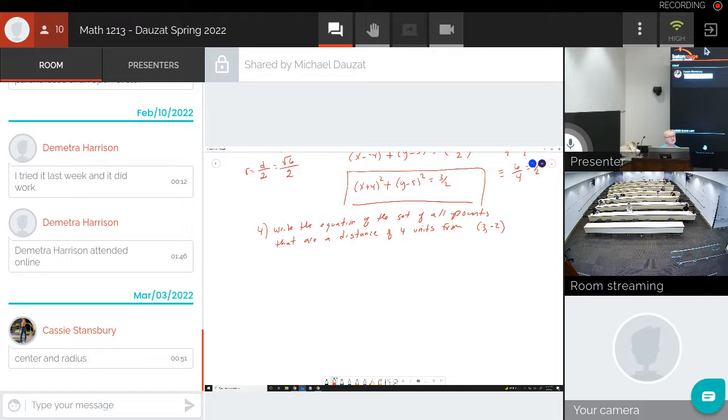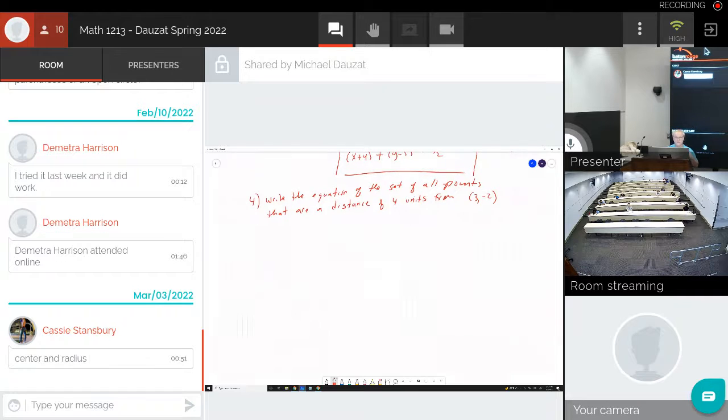Remember, the definition of a circle is a set of all points that are the same distance from a set point. So here's your set point, which happens to be the center, and all these distances are the same. That's a definition of a circle.